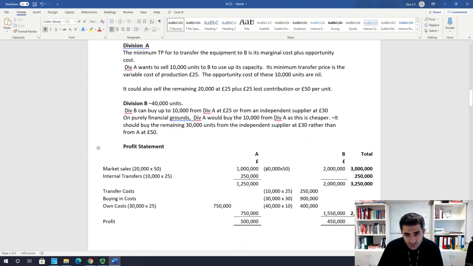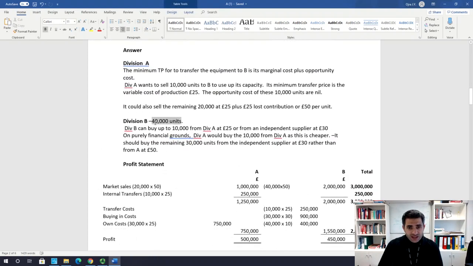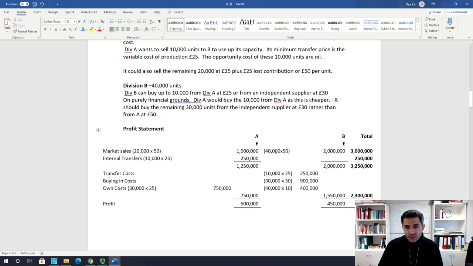This is 40,000 for B, isn't it? Yes, for B, 40,000 units at 50 pound each. That's 2 million to B, not A. So A has 20,000 units at 50 pound, this is externally, and 10,000 units at 25, this is internally. Okay, total this, and they have their own cost, of course.